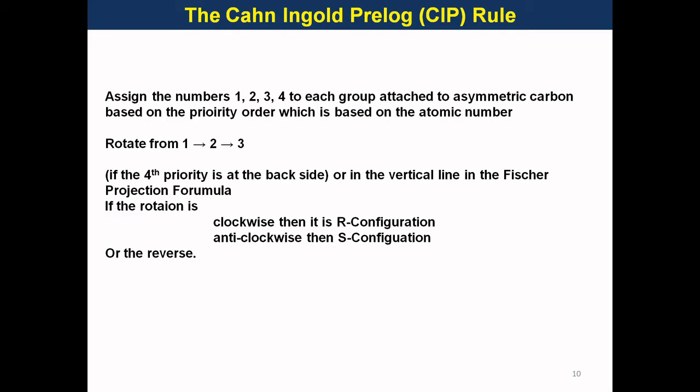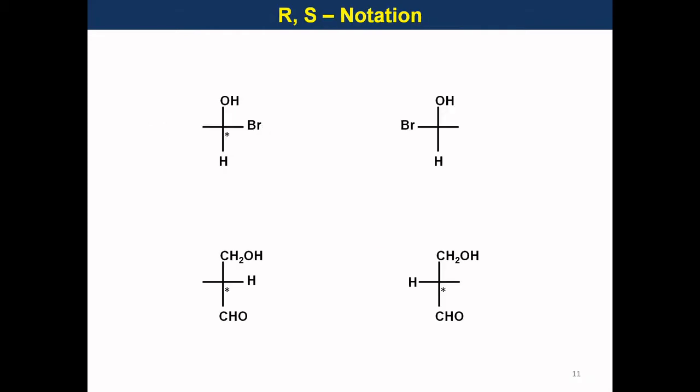By taking some examples, our concept about the Cahn-Ingold-Prelog rule will be very clear. I will go step by step. First, I will take some simple examples. If you see the first molecule, the carbon is attached to bromine, OH, CH3 and hydrogen.